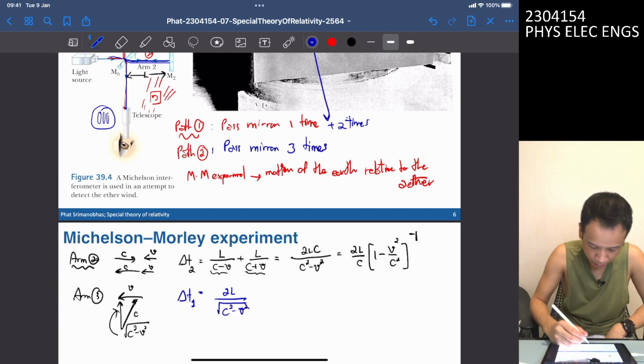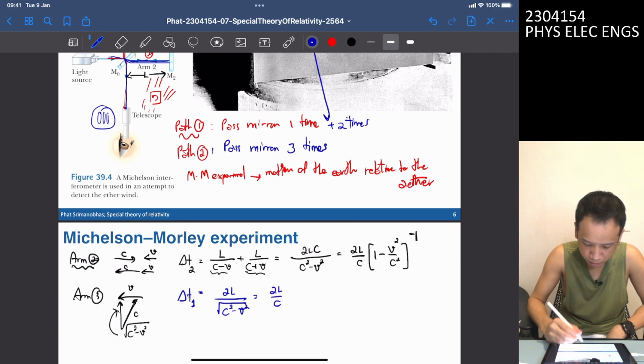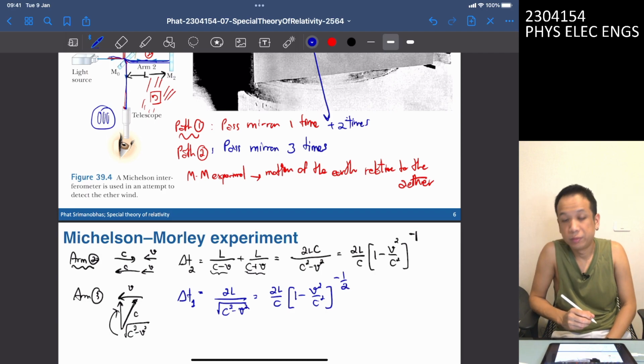And we do the same thing, so we do 2L over c, and we get 1 minus v square over c square to the power of half.